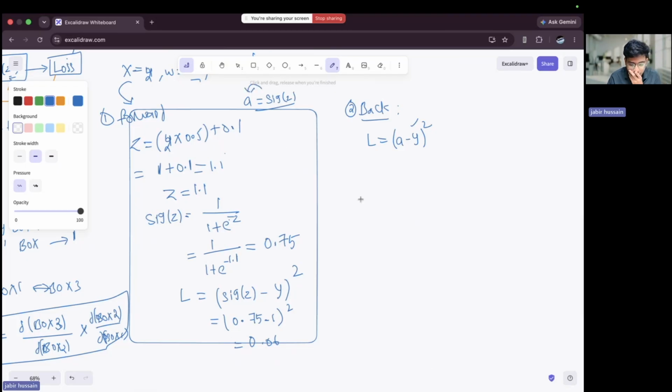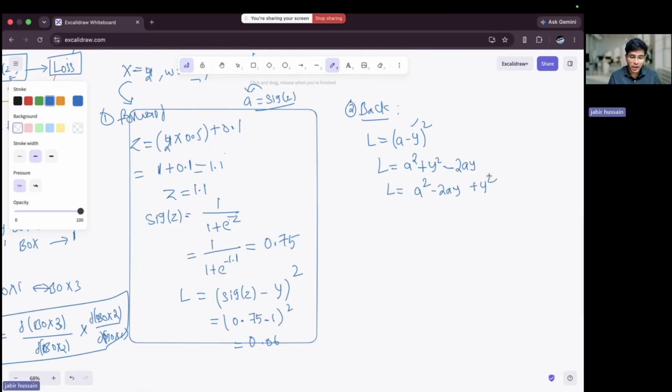Okay, so let's expand it. A square plus y square minus 2Ay. So our L will be looking like this: A square minus 2Ay plus y square.